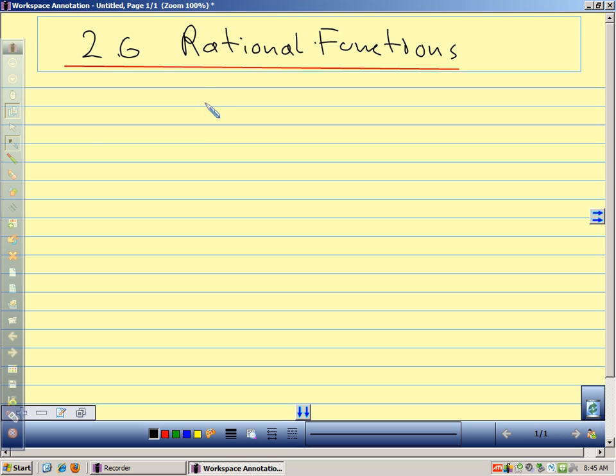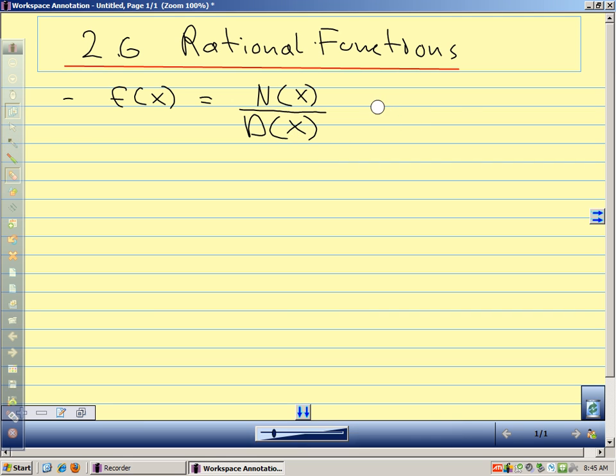So a rational function is a function in the form, and we're going to use n for numerator, some function of x over some other function of x, so a numerator and denominator, where n of x and d of x are both polynomials.